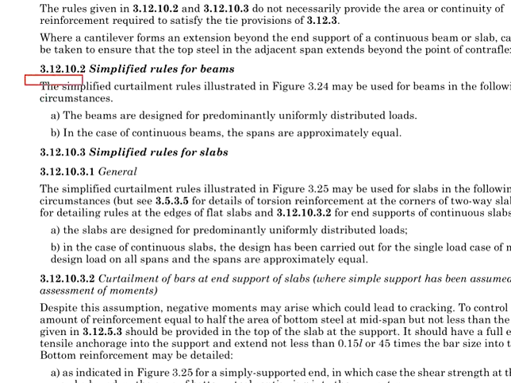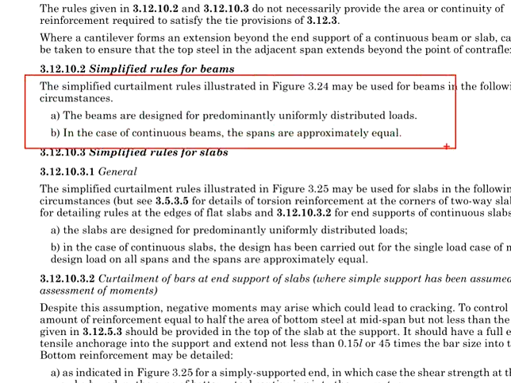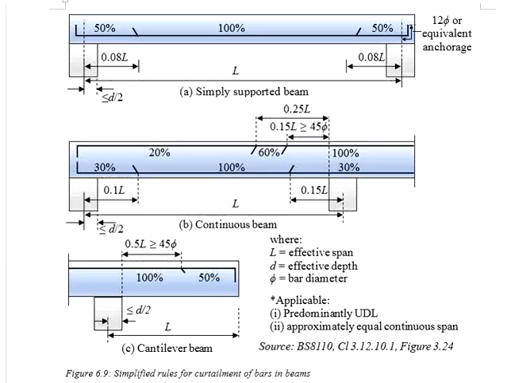However, since this requirement is not specified in the British Standard, personally I will still stick to these two conditions. Lastly, bear in mind that this simplified rules is applicable for beams. As for the slab, the curtailment rule varies slightly, which we're going to discuss in our next video. Stay tuned.